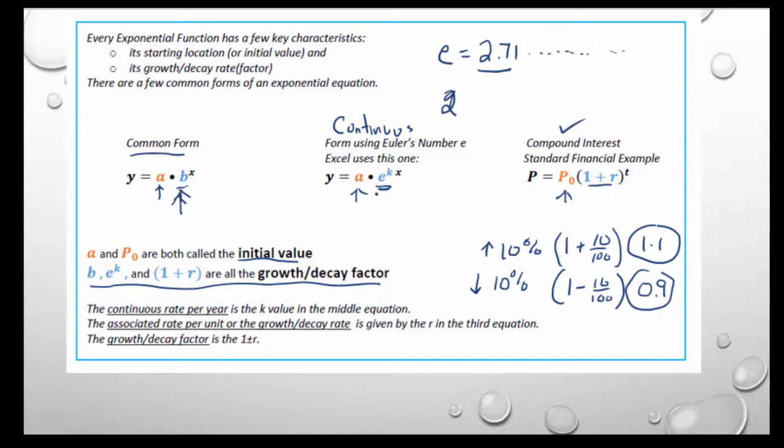So if you're going to increase by 10%, it would be E raised to the 0.10 times X, which is the number of times you're repeating that. And if you're going to decrease it by 10%, you would use E to the negative 0.10 times X. It's a little bit of an explanation of the difference between the common form and the continuous form of the exponential function.